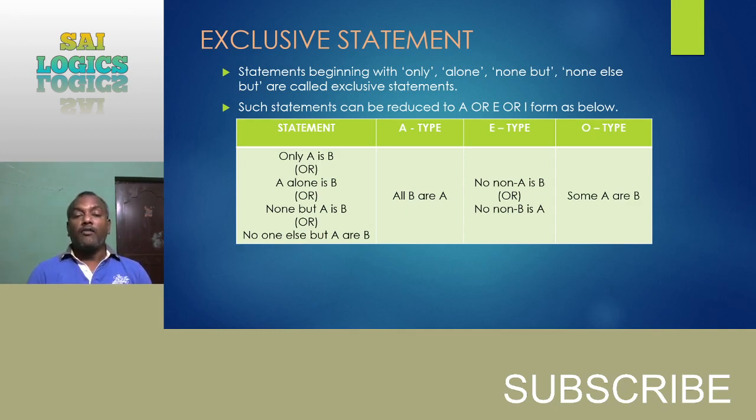So if we want to reduce a sentence to a type of statement, condition 1 is a positive statement with words every, each and any. Condition 2 is a positive statement talking particularly about a person, we can reduce it to A type. When it comes to no, that is E type, a negative statement having words no, none, no one, etc. are to be converted into E type.